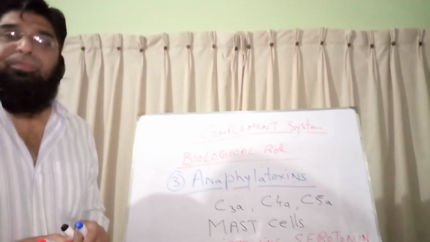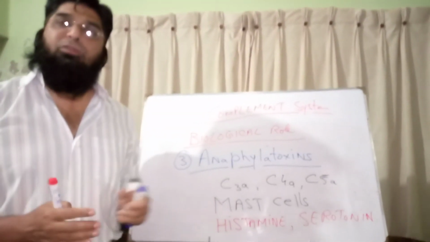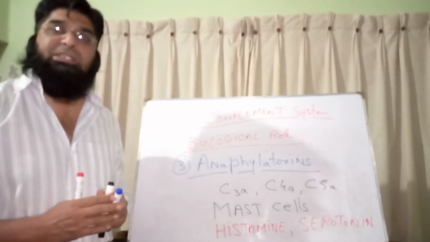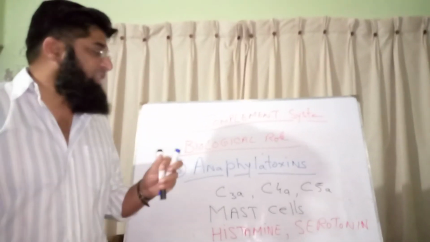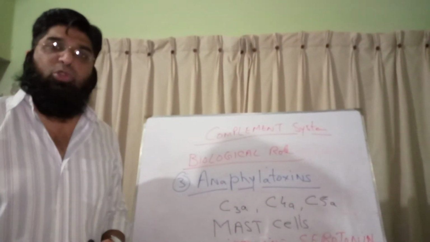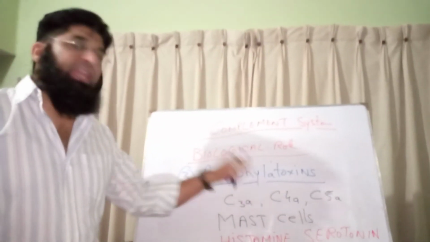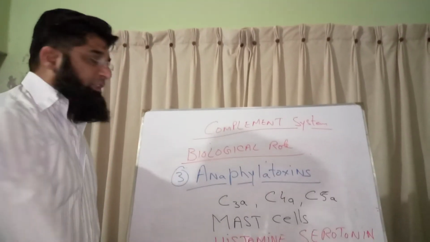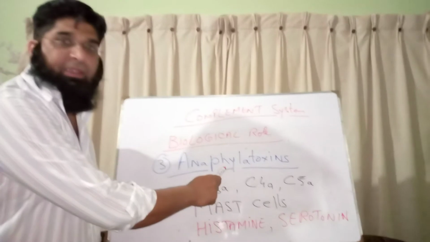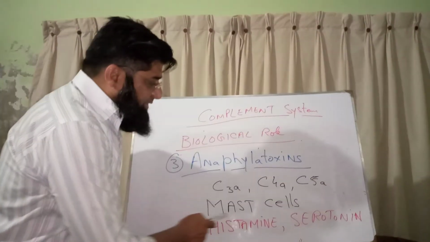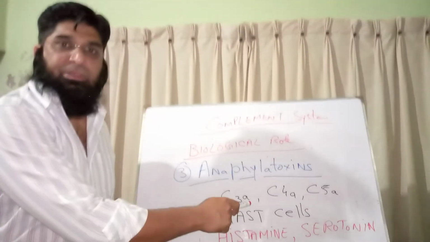There are 10 to 12 different types of chemical substances which are called anaphylotoxins, and they are released in the blood when mast cells are destabilized.